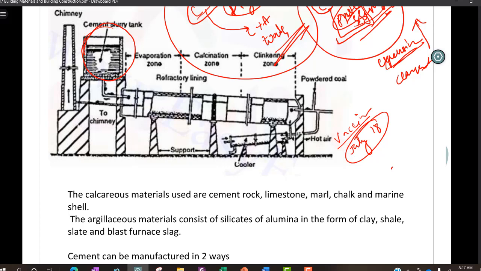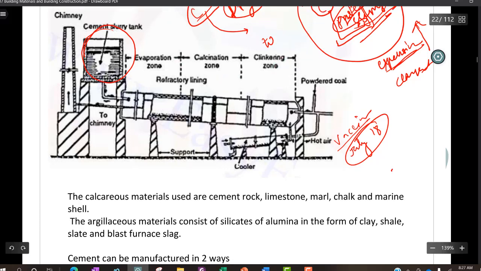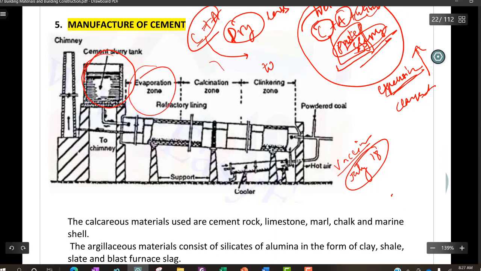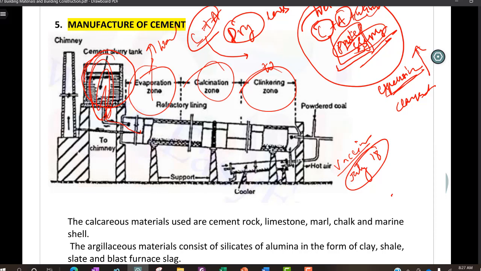Okay, prepare well. See here, in the manufacturing of cement there will be three zones. One is the evaporation zone, the second is the calcination zone, and the clinkering zone. In the evaporation zone, what we do is, once this cement slurry is coming, it has water, and we are evaporating that water out, so there will be a nominal temperature, not too high. Next is the calcination zone. Here the temperature will be very high because the main reaction will happen in this zone.